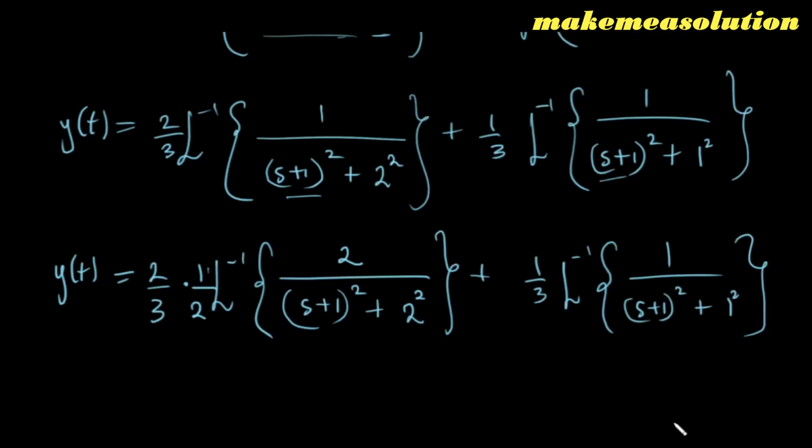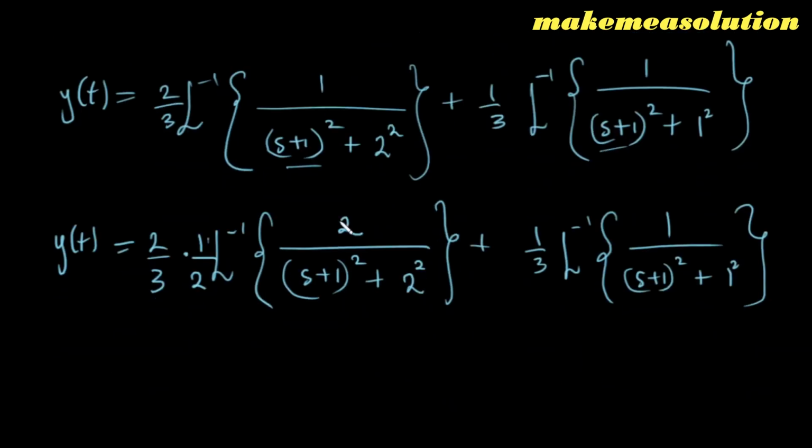The reason why I introduced this 2 here was because there was a 2 here. I introduced the reciprocal over here so that I can cancel the effect of introducing it at first.